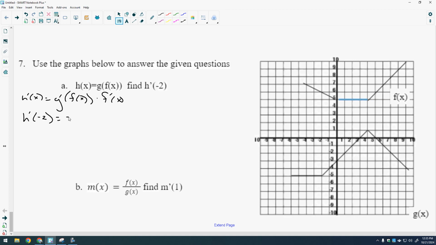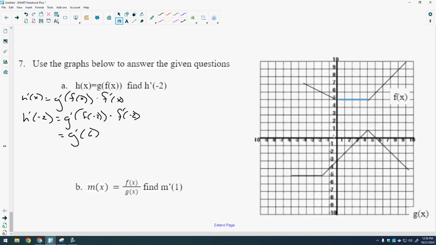gives me g prime of f of negative 2 times f prime of negative 2. F of negative 2, go to my f graph, negative 2, f looks like 6, so now it's g prime of 6.